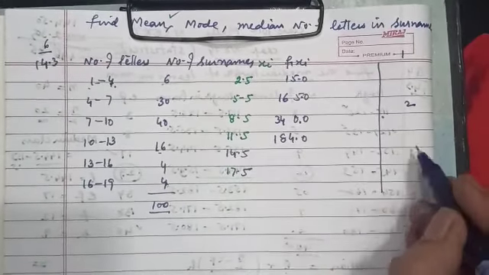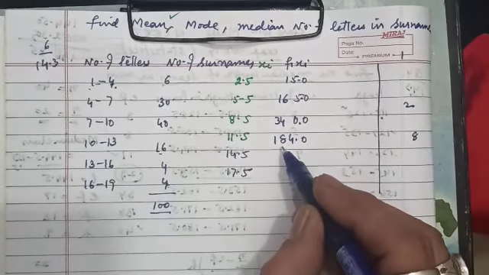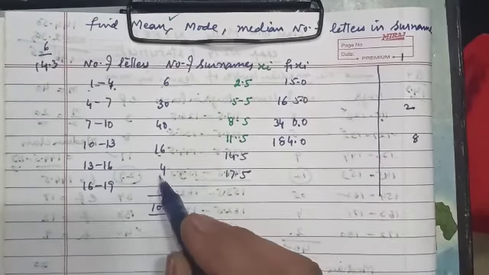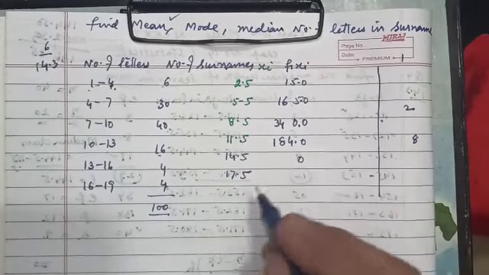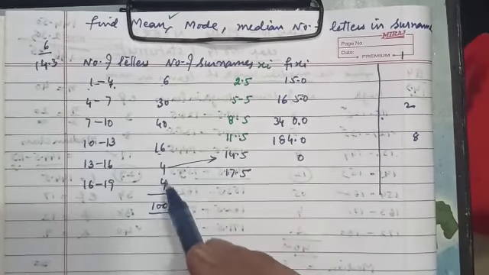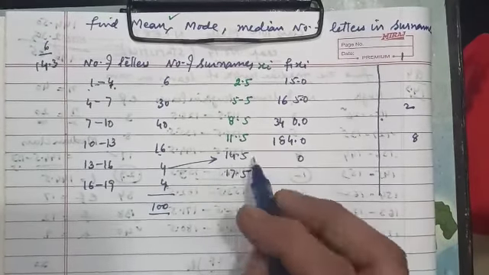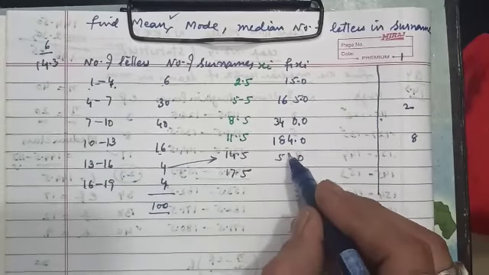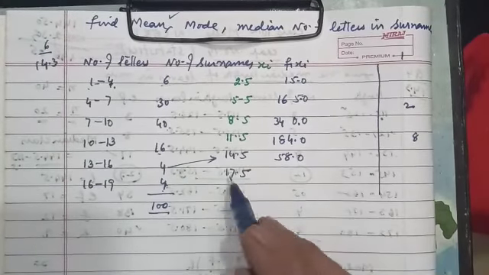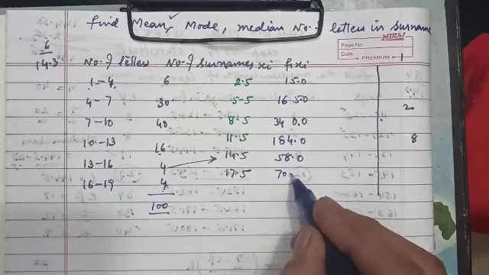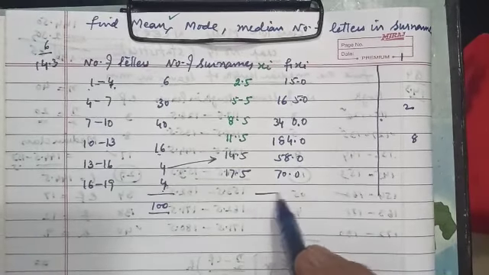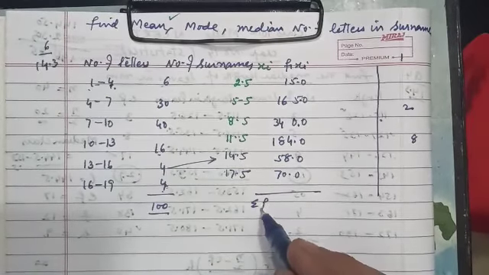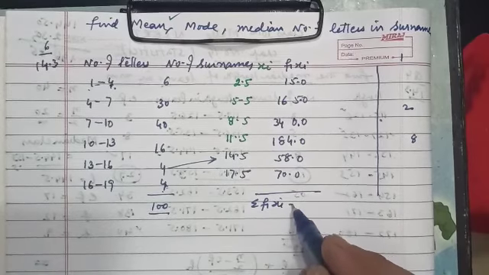16 5 ज़ा 80, 14 से मल्टीप्लाई करते हैं इसकी, 4 भी 2, 58, it is 70. So we have to find the value of sigma fi xi.